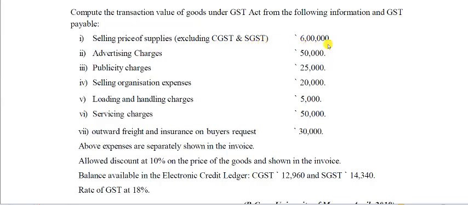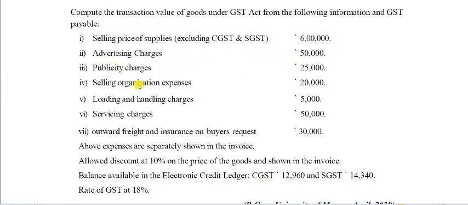Hence, we'll take the amount as it is. If they had included this, we should have taken that amount out of the 6 lakh and the remaining amount should have been taken. But here, they have explicitly mentioned that CGST and SGST has been excluded. So, we'll take the 6 lakh as it is.